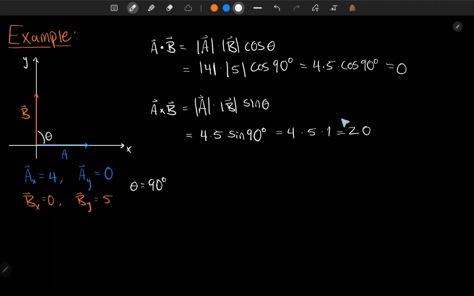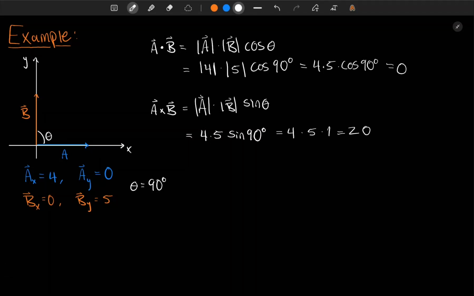But remember, this isn't enough to answer what is the cross product. We also need to know the direction. So let's use the right-hand rule to find the direction of A cross B. To do this, we point our fingers in the direction of A. You may have to turn to do this.